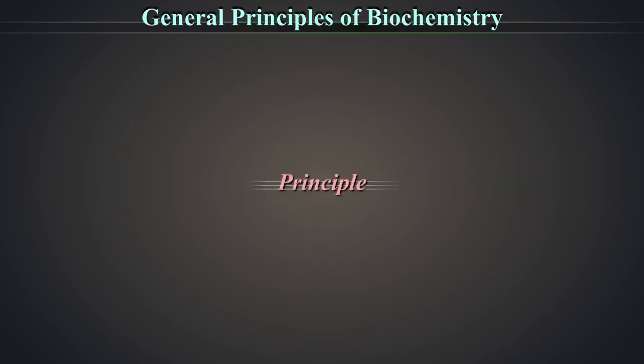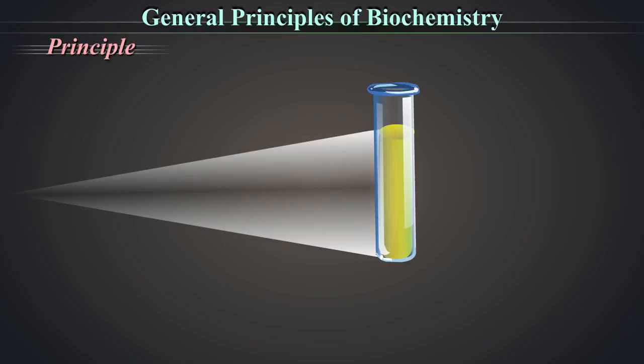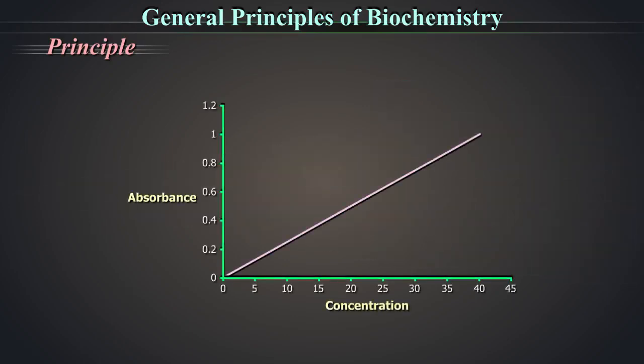The principle of operation of a biochemistry analyzer is based on Lambert's and Beer's law of photochemistry. When monochromatic light passes through a solution, there is a quantitative relationship between the solute concentration and the intensity of transmitted light. The higher the concentration of the solute present in the solution, the higher the absorption of light and reduction in intensity of light transmitted.